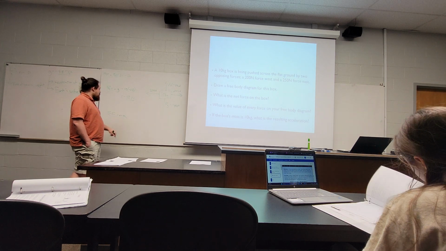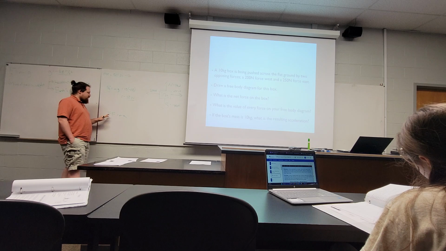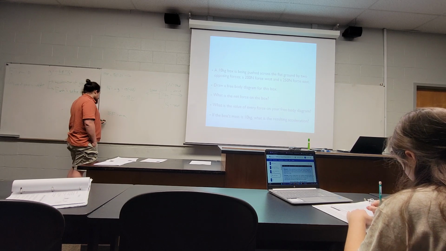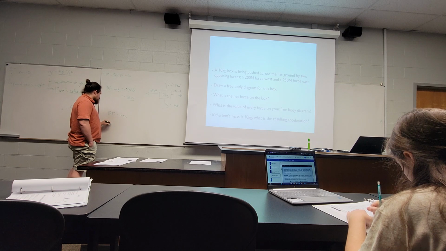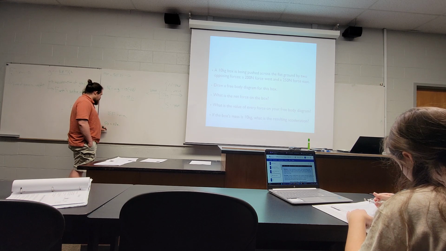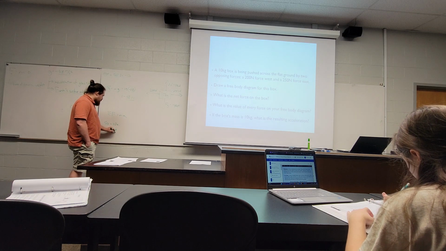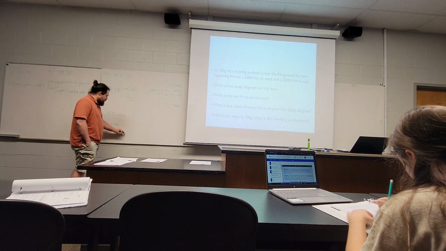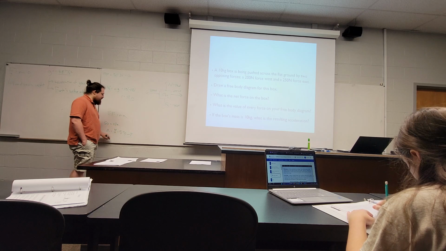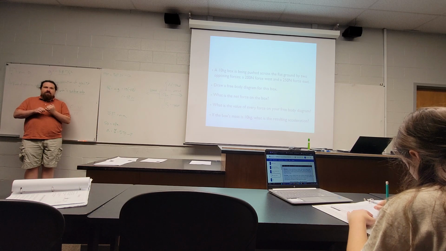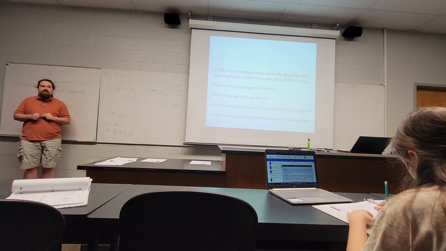Newton's second law tells us the relationship between net force, mass, and acceleration. If net force is going to be 50 newtons to the right, 50 equals 10 times A. The resulting acceleration will be 50 over 10, which is 5 meters per second squared to the right. So if the net force points to the right, the net acceleration will also point to the right.